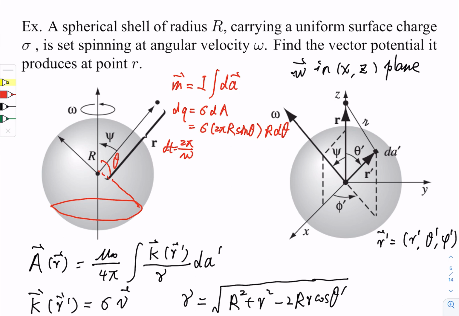Now the current, by definition, is dq over dt, and so for each ring strip, the current is sigma omega r squared sine theta d theta. Now the total area of this ring is pi r sine theta squared.